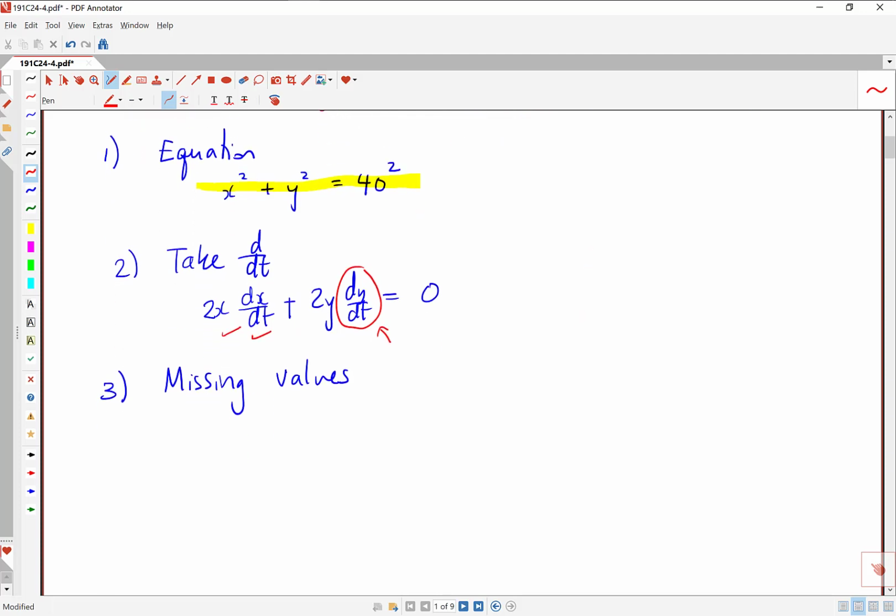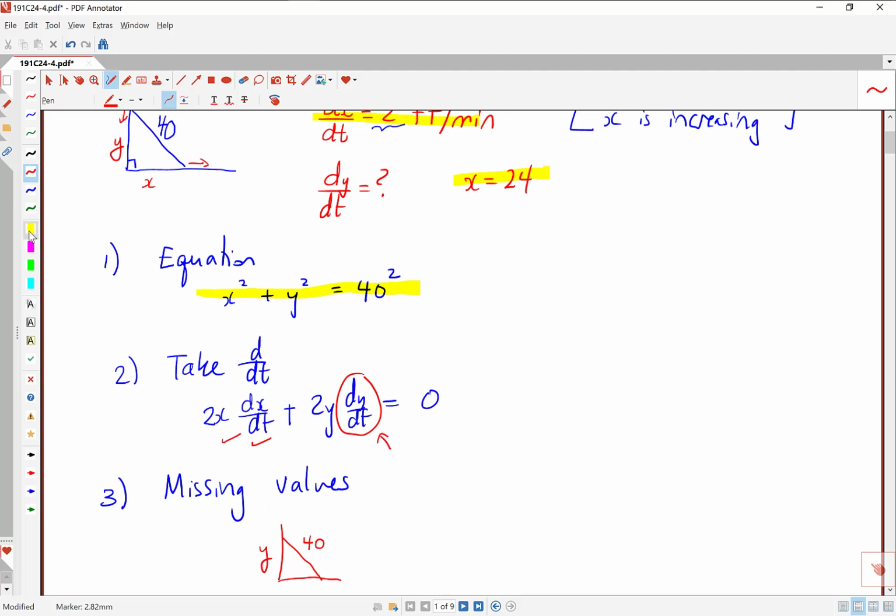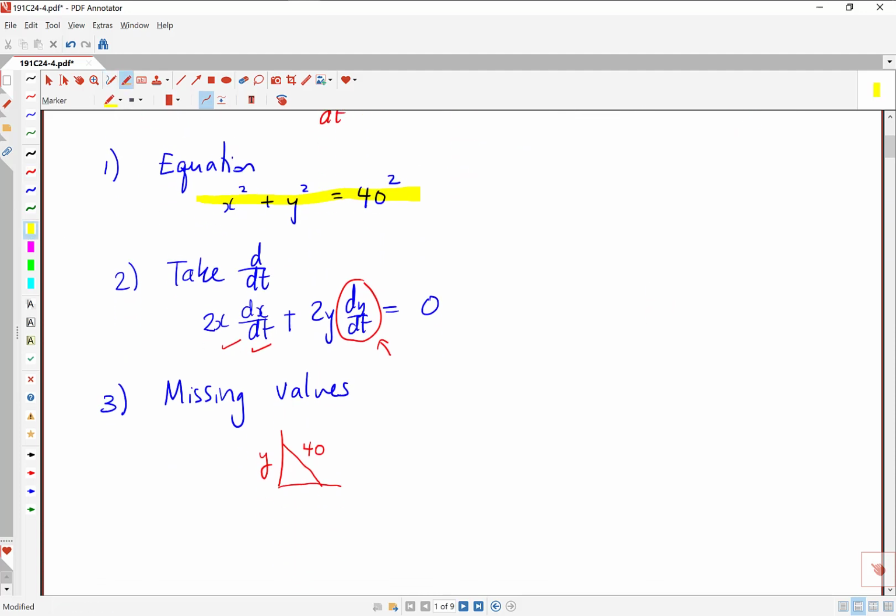Okay, so this is going to come down to redrawing the picture that we had at the beginning of the problem. Remember, we had this 40-foot ladder leaning against the wall. Here's our mystery y value. And remember that we're trying to solve the problem at the moment when the base is 24 feet away from the wall. So we can actually sub in the x value 24, and that will lead us to the y value that goes with that.